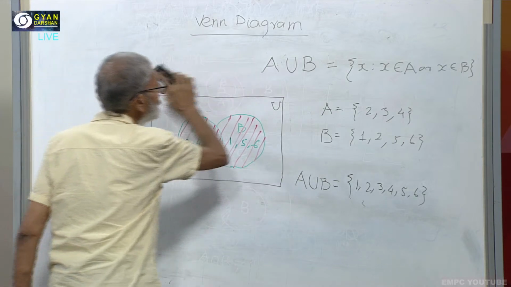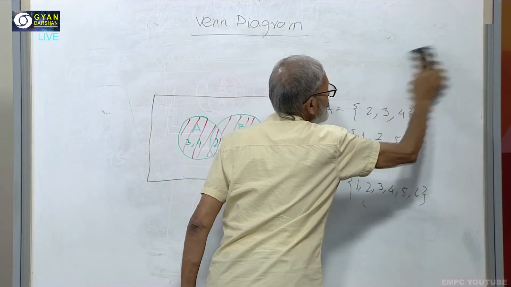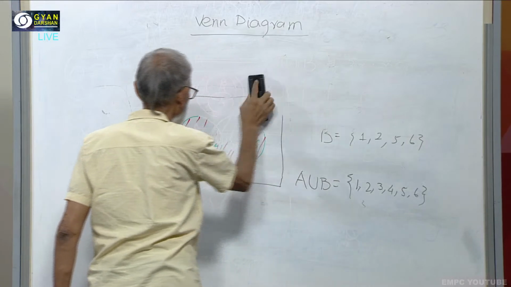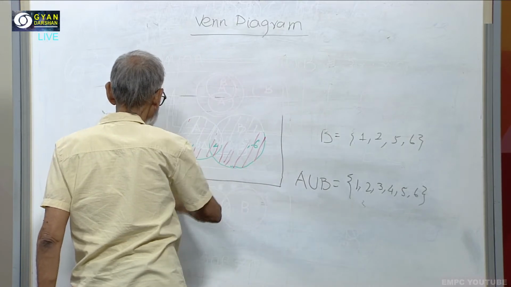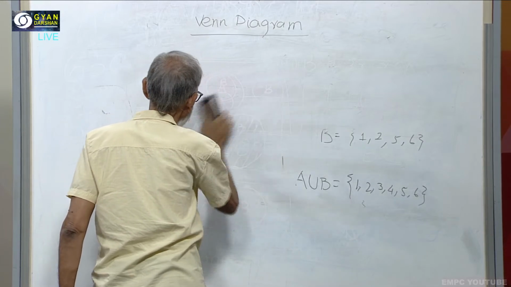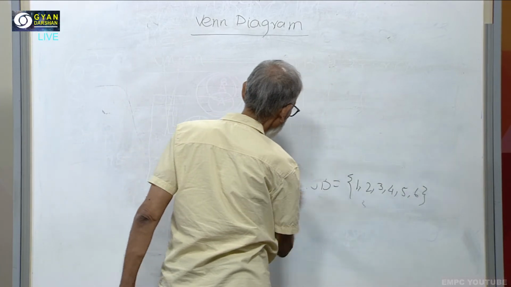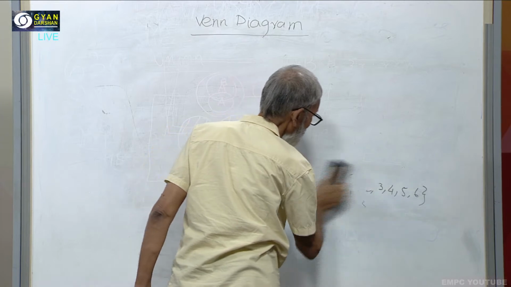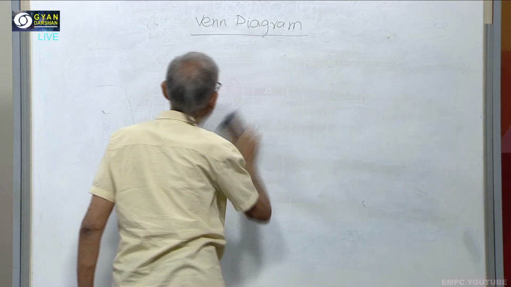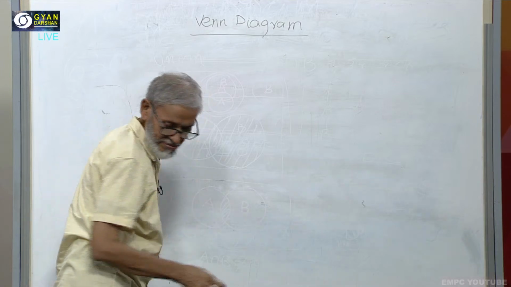Another operation on set is intersection. We cannot say that it is similar to subtraction or multiplication because it is an entirely new operation defined on sets.